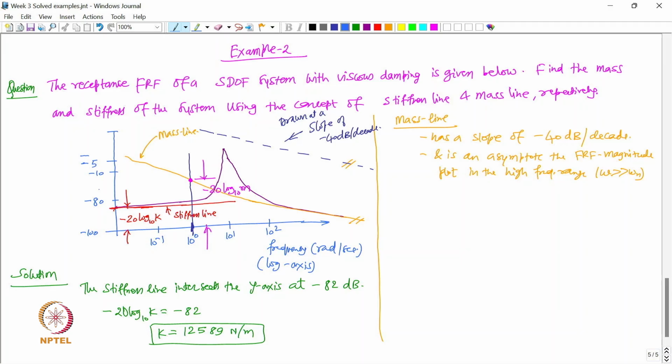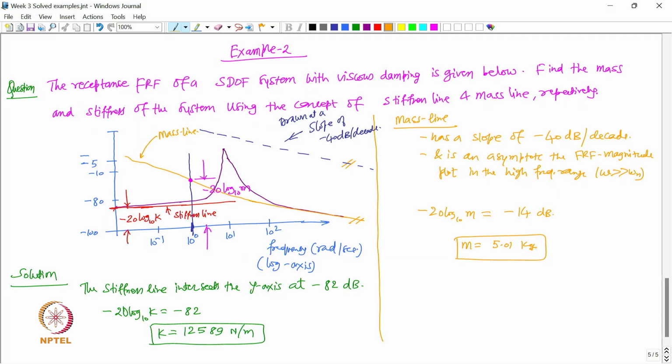So, this value, minus 20 log 10 m, turns out to be around minus 14 dB, okay. And if you solve this, you get m equal to 5.01 kg, right. So, in this way we can find the stiffness and mass of the system using the concept of stiffness line and mass line, okay.